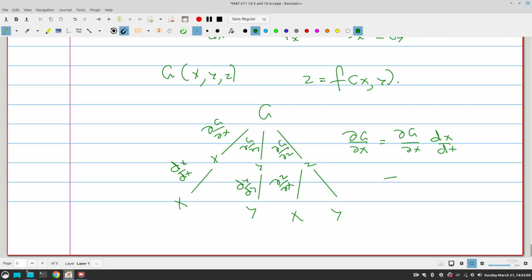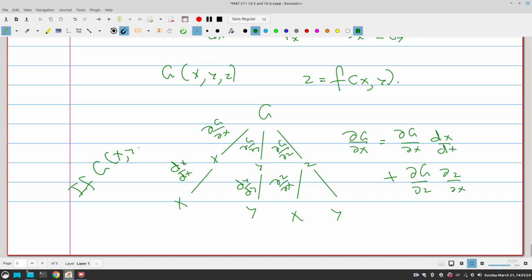So along this branch you can't get to x, but you can get to x along this branch: partial g over partial z times partial z over partial x.